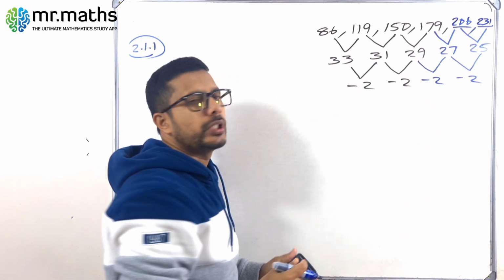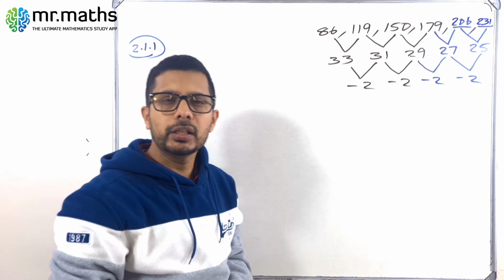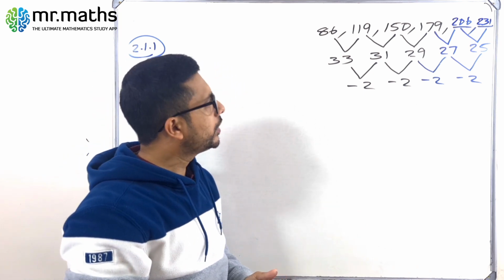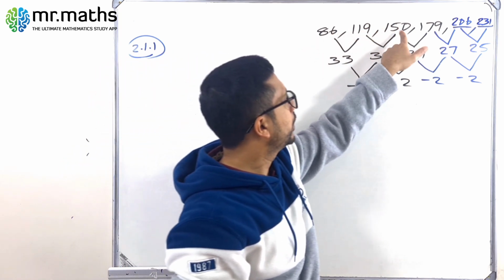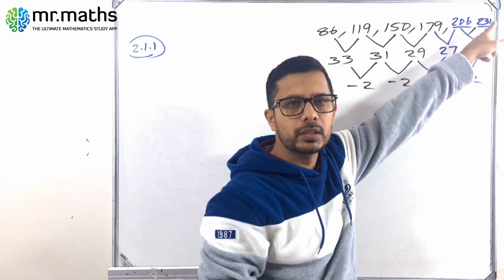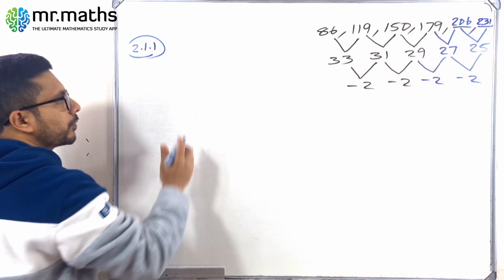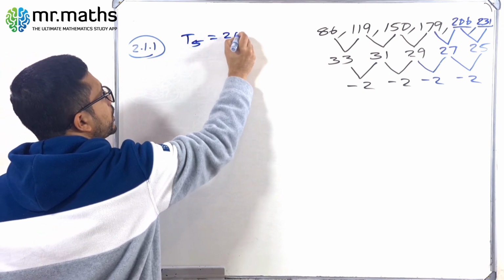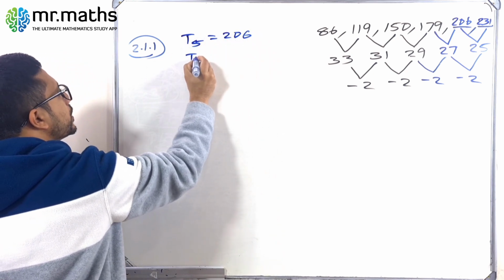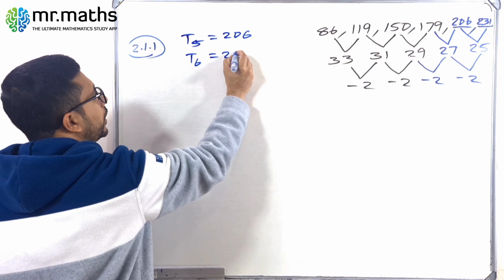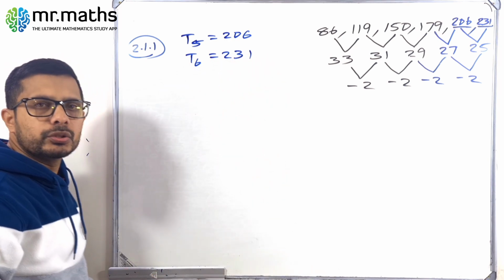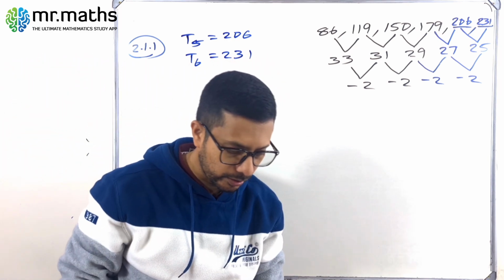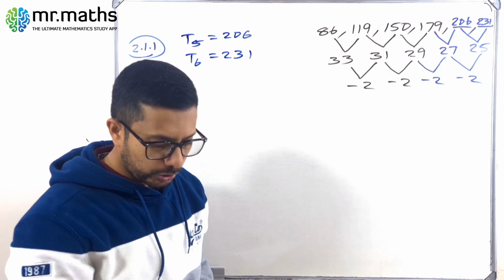So the next two terms are 206 and 231. Which terms are those? First term, second term, third term, fourth term, fifth term, sixth term. So T5 is equal to 206 and T6 is equal to 231. These are the next two terms. Now let's move to the next question.